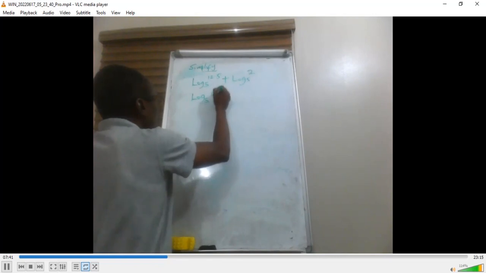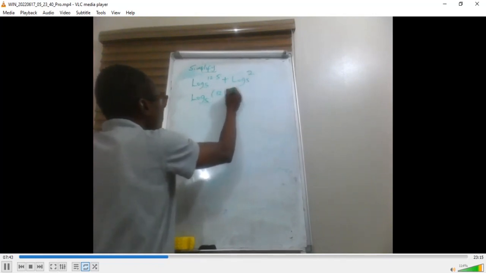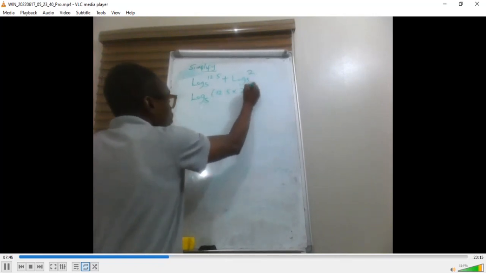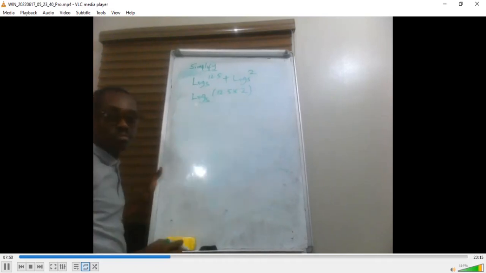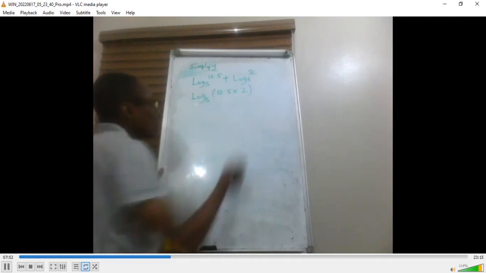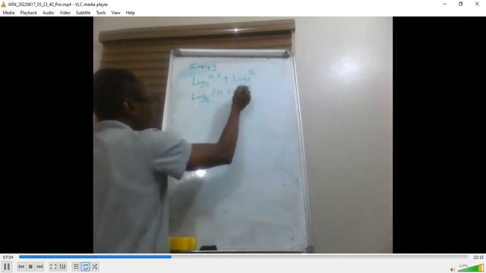This is going to be 12.5 times 2. 12.5 times 2 is 25.